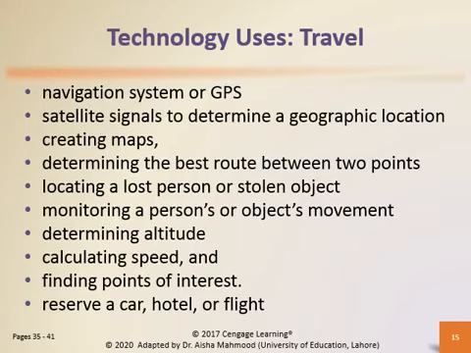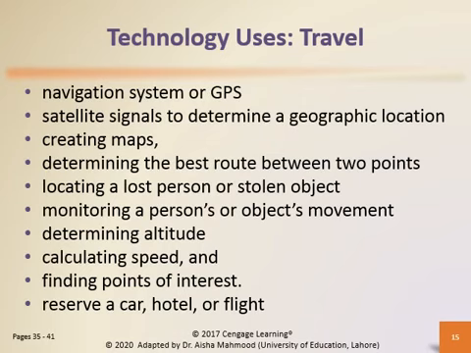Whether traveling by a car or a plane, your goal is to arrive safely at your destination. As you make the journey, you may interact with the navigation system or GPS, which uses satellite signals to determine a geographic location. What is GPS?